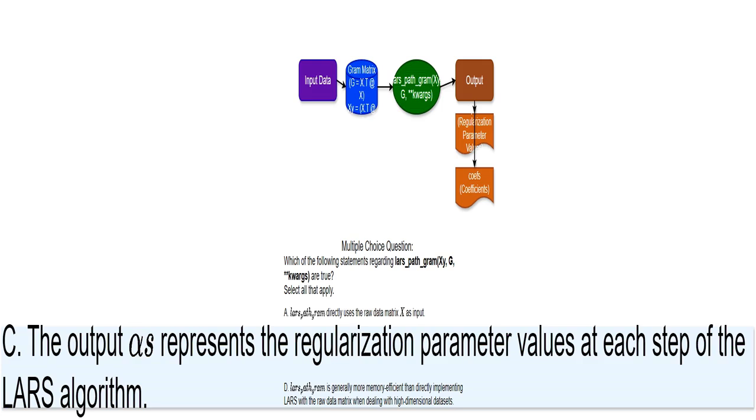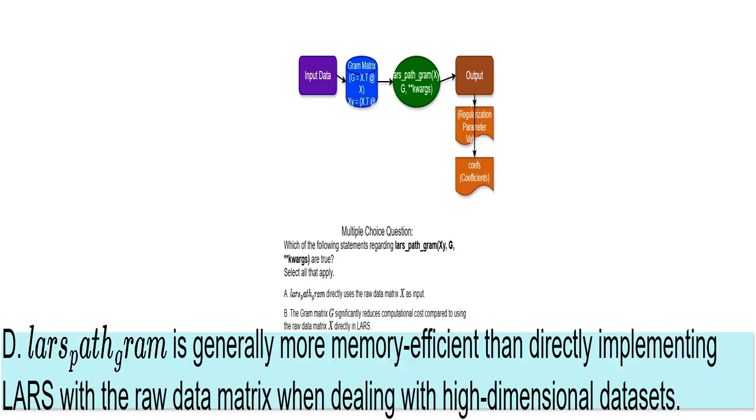Instead of working directly with the possibly huge dataset X, I pre-compute G. This significantly speeds up the least angle regression process, especially with massive datasets. Because I use the gram matrix, which is usually much smaller than the original data, I save significant memory. This is a huge advantage when dealing with datasets having many features.